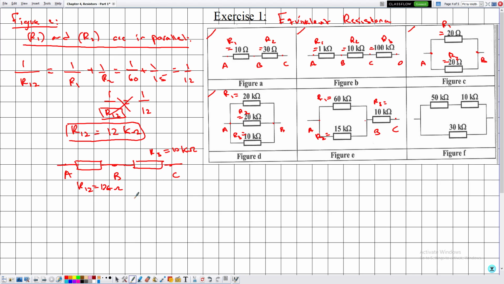But notice that the equivalent resistor is a single resistor that can replace a grouping of resistors. So in this case we didn't answer the question and we didn't determine the equivalent resistance. Now we need to say that R12 and R3 are in series.